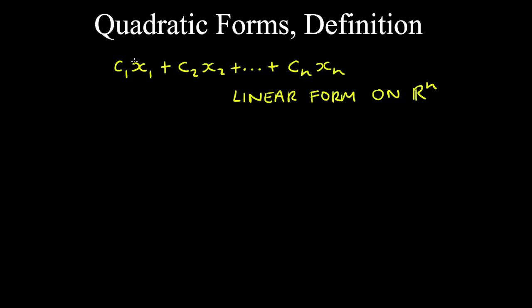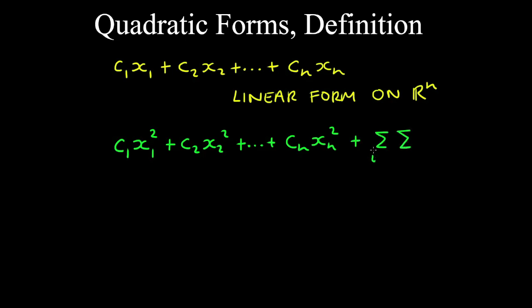Now in contrast, if we have the x variables raised to the second power, C1 x1 squared plus C2 x2 squared and so on up to Cn xn squared, plus a summation of i equals 1 up to n minus 1 and j equals i plus 1 up to n, and we're summing a coefficient Cij multiplied by xi xj.